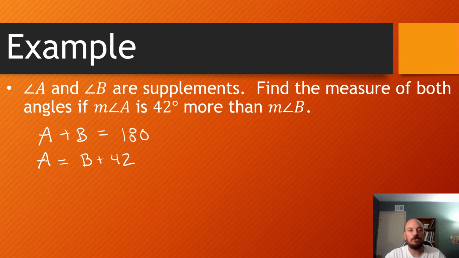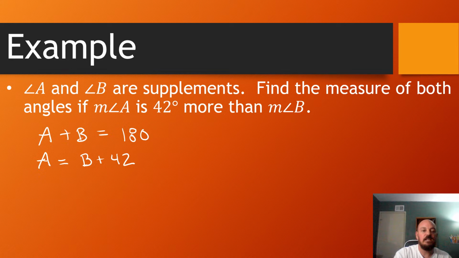Remember way back in Modules 1 and 2, we talked a lot about converting words into equations. If I say something is 42 degrees more than something else, it means it's that thing plus 42. So A plus B equals 180, that's supplements. A equals B plus 42, that's A is 42 more than B.